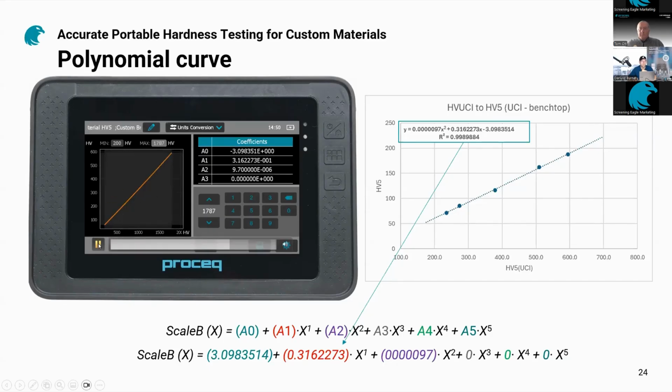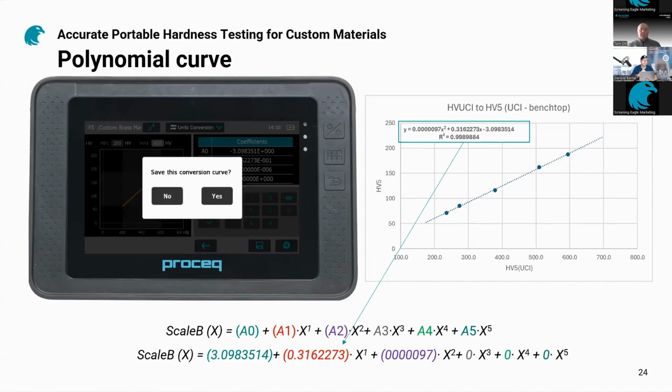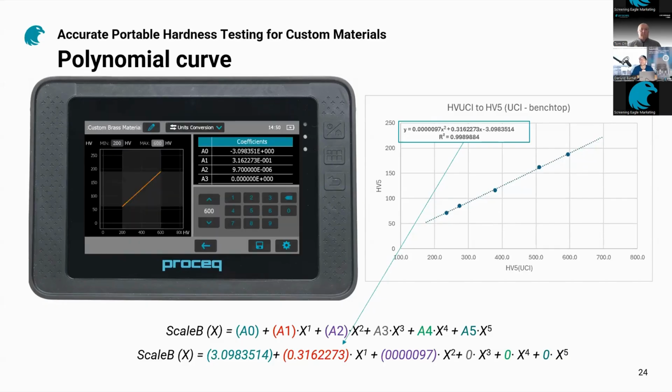One important thing I want to highlight is that you also need to provide a range. So here I'm applying the range where this curve should be applied. In this case, I'm providing 200 Vickers and 600 Vickers UCI as the range within which I want this conversion to be used for my material. And that's actually it.